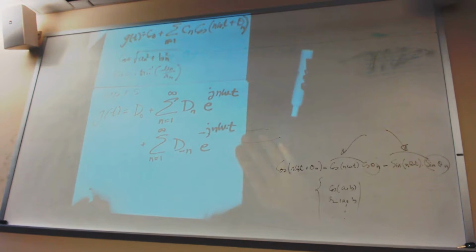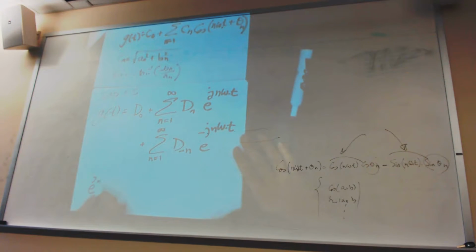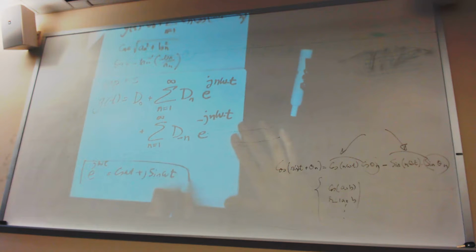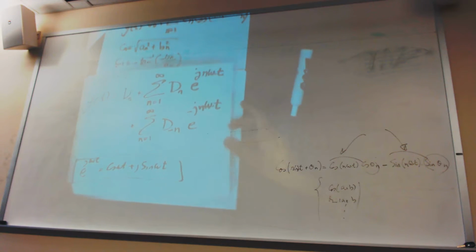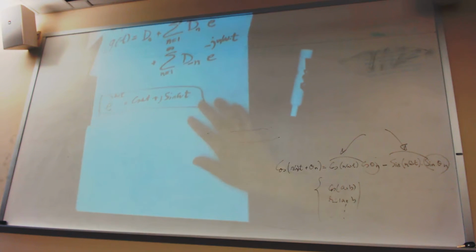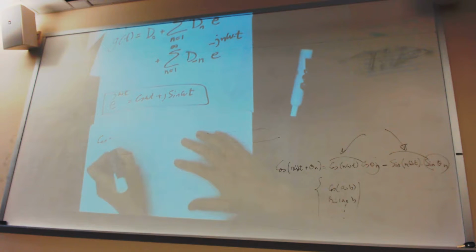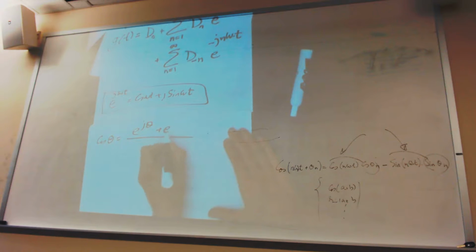And you know what the relationship is. We have e to the j omega t is cosine of omega t plus j sine of omega t, and vice versa also. Another useful formula: cosine of theta in general is e to the j theta plus e to the minus j theta, divided by 2, and sine of theta is e to the j theta minus e to the minus j theta, divided by 2j.